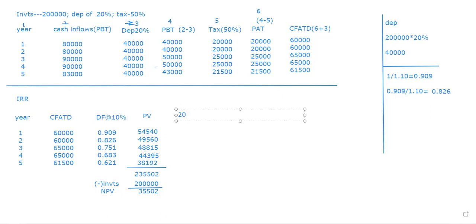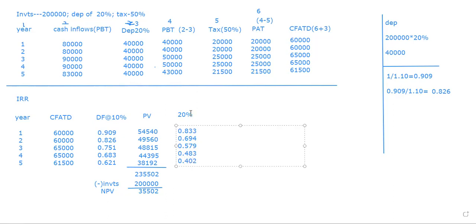So at a discounting factor of 20%, my values are 0.833. How am I going to get this? 1 by 1.20. Then 0.694, and the next one 0.579, then 0.483, then 0.402.